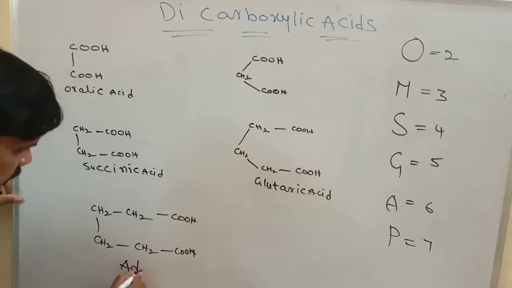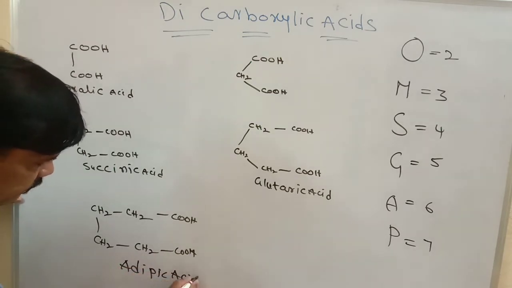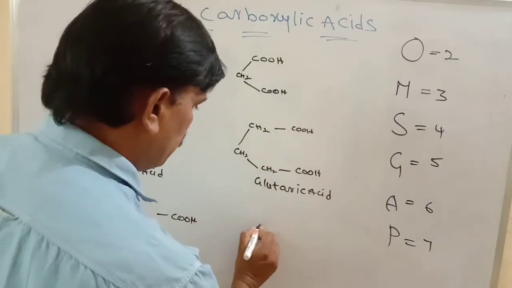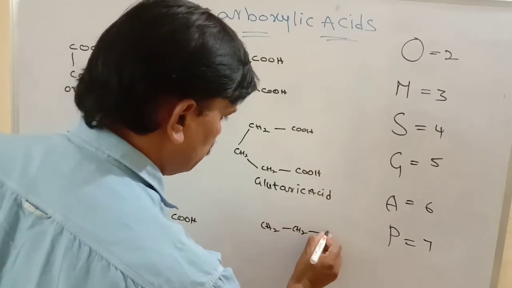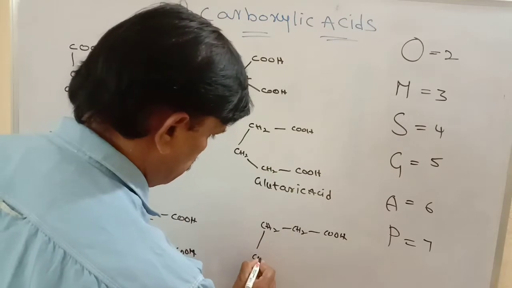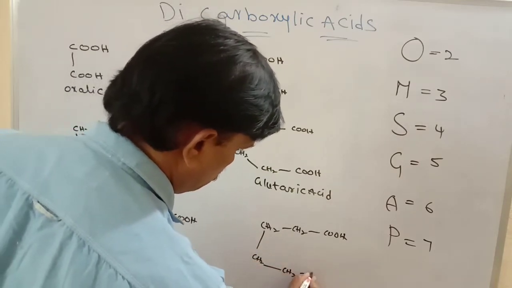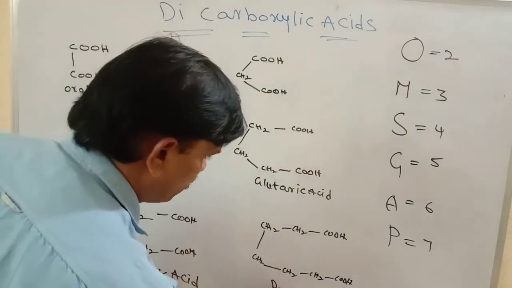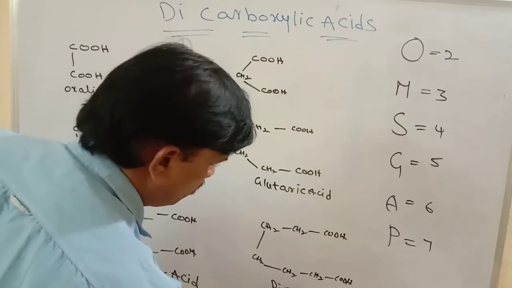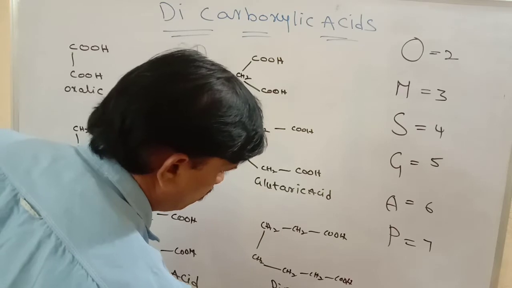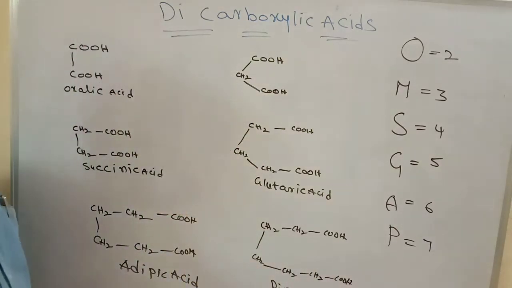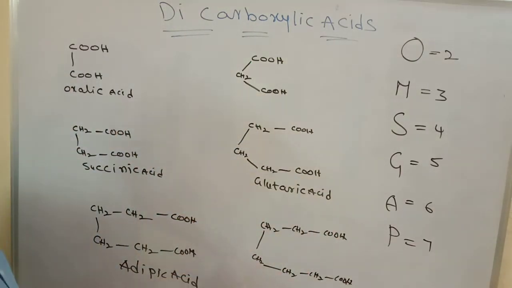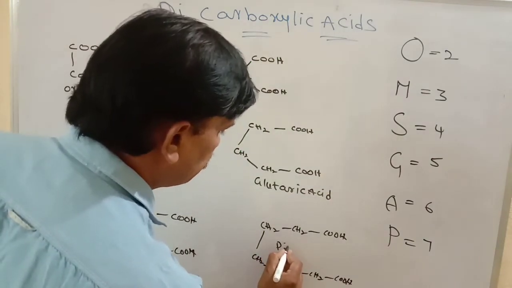This is known as adipic acid. 7 carbons means adding 5 CH2 groups in between the COOH groups: COOH, CH2, CH2, CH2, CH2, CH2, COOH. Now this is pimelic acid.